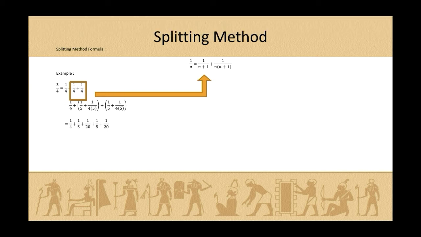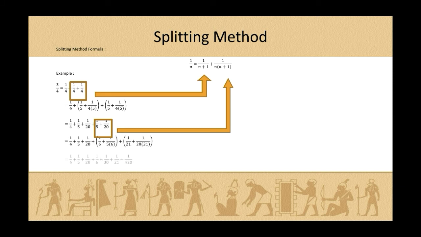And in this case it is the same as the previous one. Okay, and that is the result of 3 over 4 by using the splitting method.